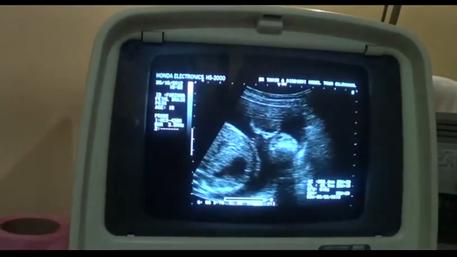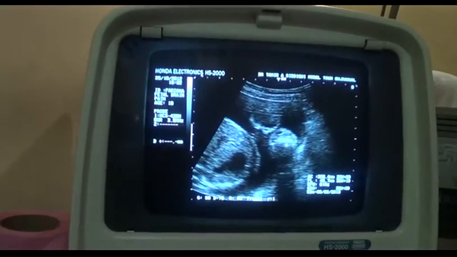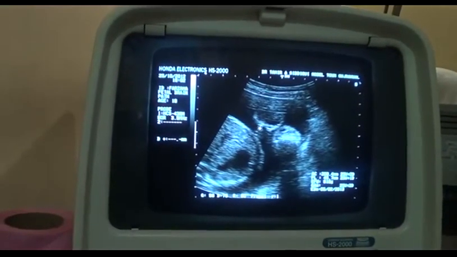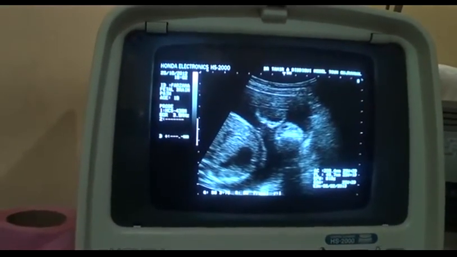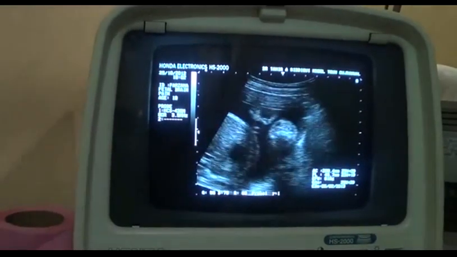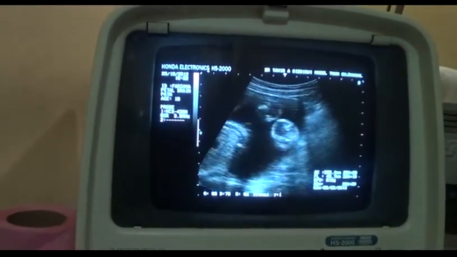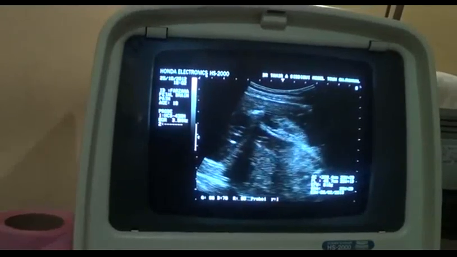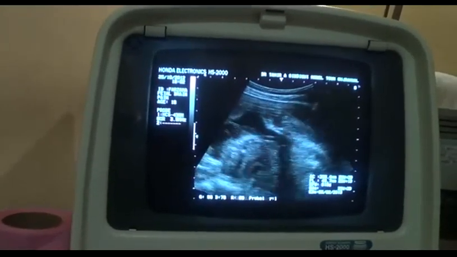As you know, this is the buttock part of the femur, and this area may misguide you at times regarding the fetal sex, whereas this is like a cord.